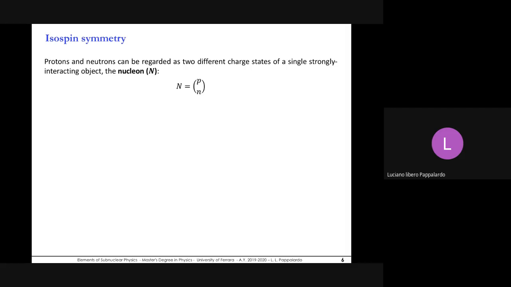Now, as you know, protons and neutrons can be regarded as two different charge states of a single strongly interacting object that we will call the nucleon, capital N. So the nucleon essentially is a twofold state with the proton and the neutron, where the only difference is the electric charge.